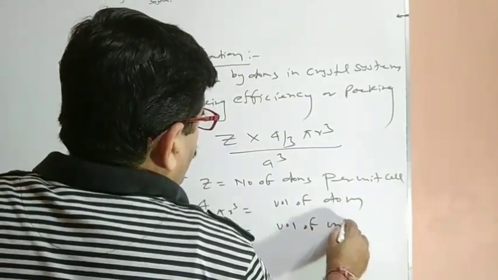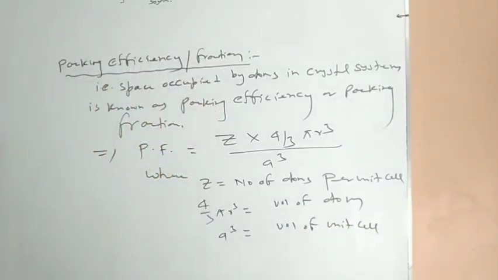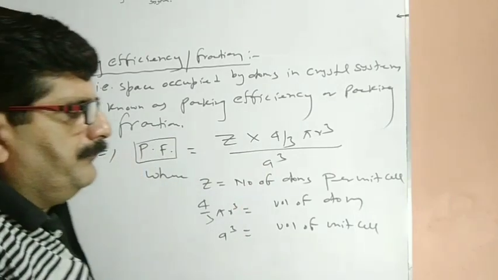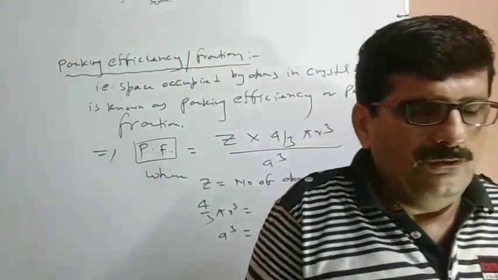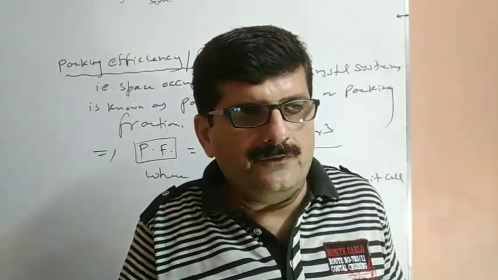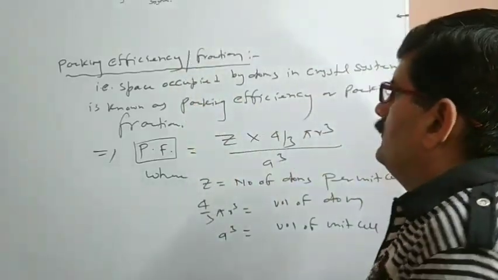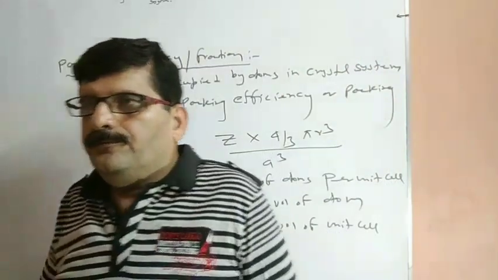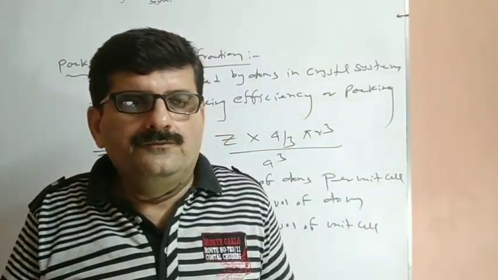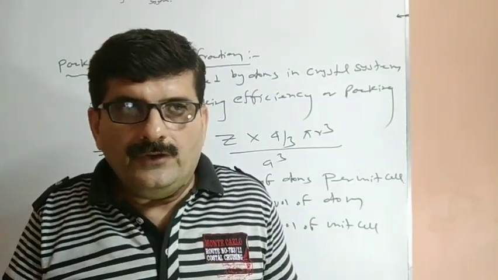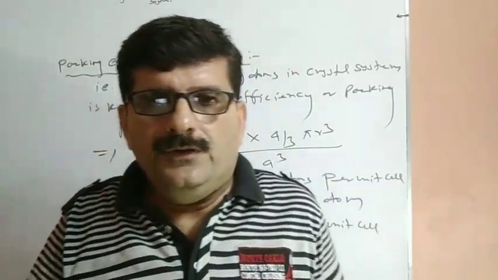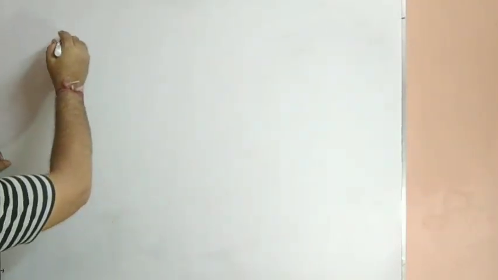Volume of unit cell. So if such terms are given, then we can find out the packing fraction. If we want to find the packing fraction in terms of percentage, then you multiply this equation by what? 100. If packing fraction is known, then you can find out the unoccupied space present in a crystalline substance.